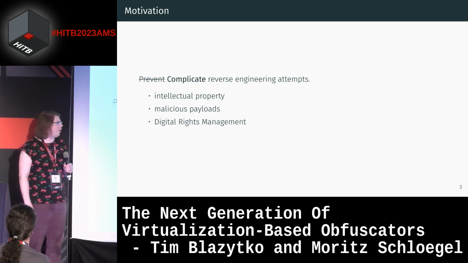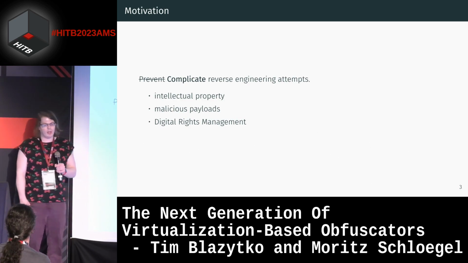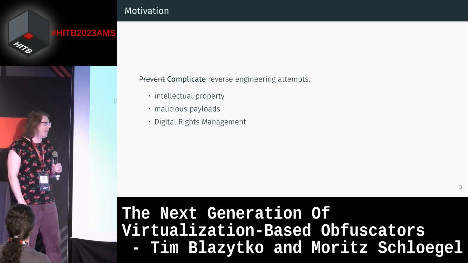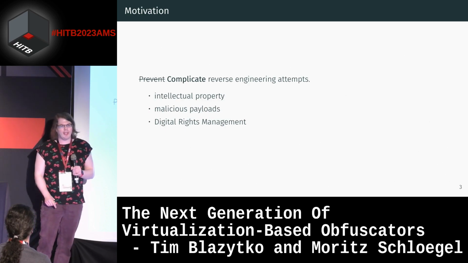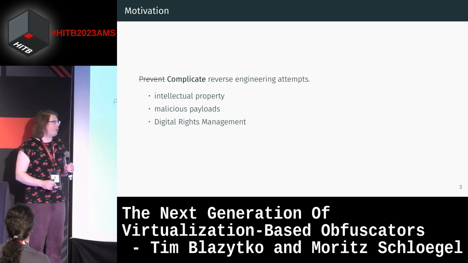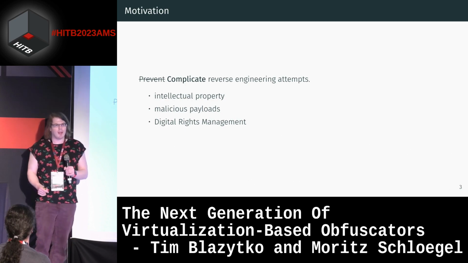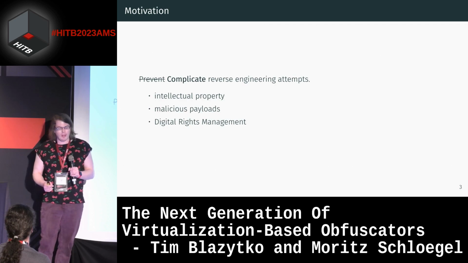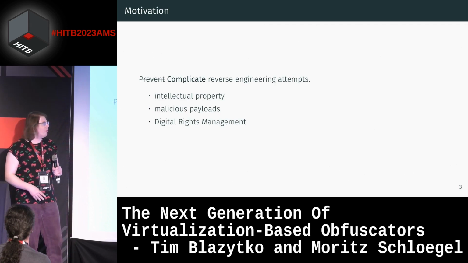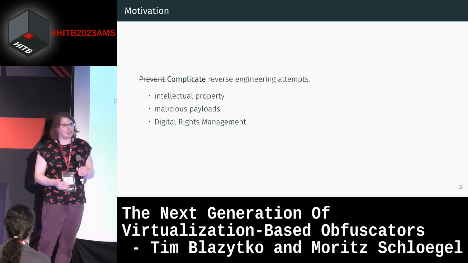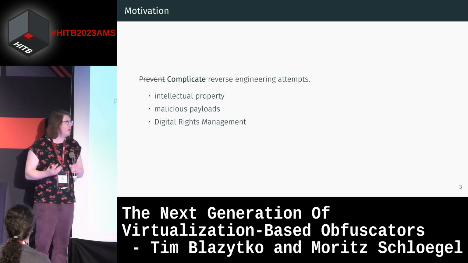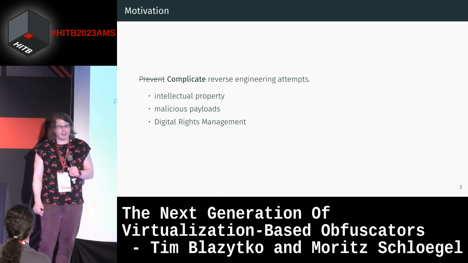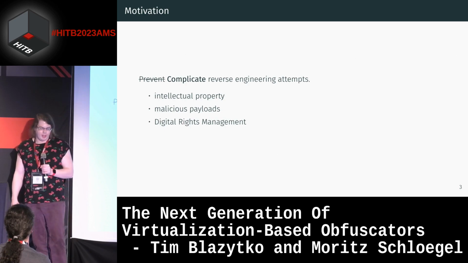You will find it mostly in areas where you want to protect your intellectual property, mostly DRM systems. So if you watch Netflix in your browser, use mobile banking applications, or play games, you use programs which basically have virtualization-based obfuscation deployed, but some malware authors also start using VMs.